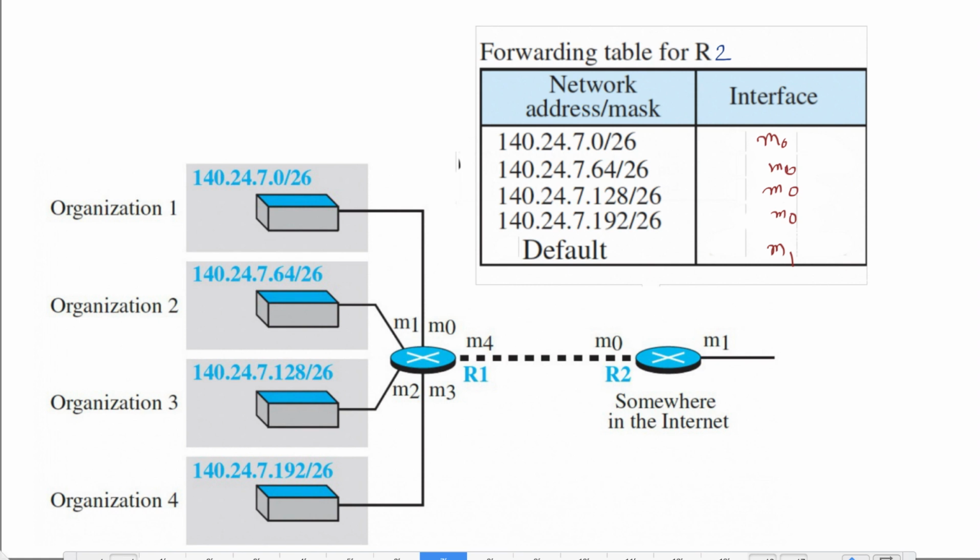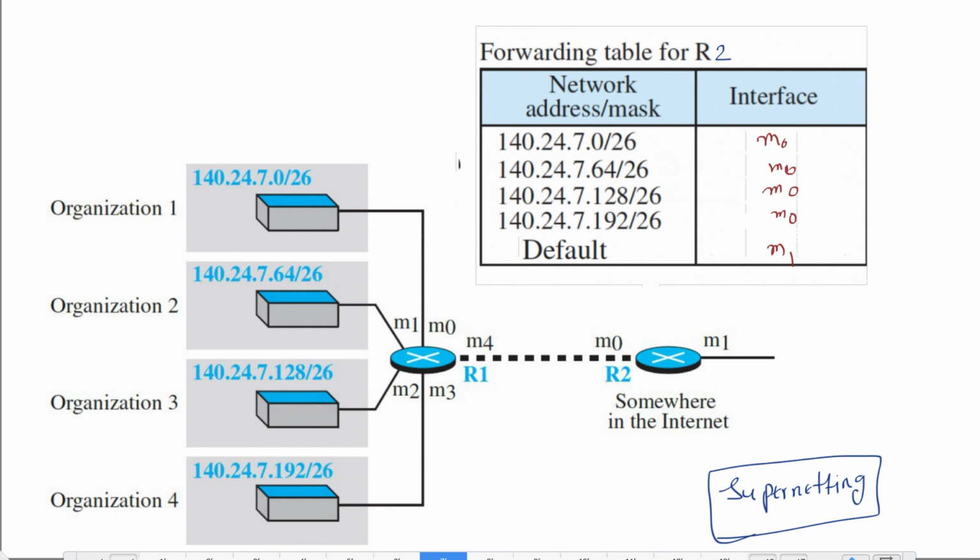Now you can see there is some redundancy, which means it is saying M0 four times, and these addresses also look the same, right? Here we can do some optimization, that is called supernetting, or also called address aggregation.